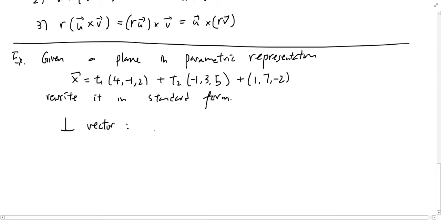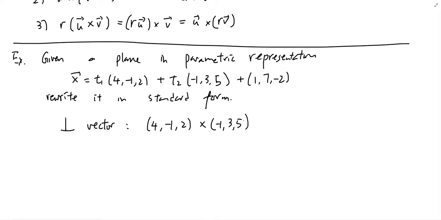And guess what? The perpendicular vector can now be formed by taking the cross product of the two direction vectors. So we'll repeat: when you're given a plane in parametric form, you can form the cross product of the two direction vectors, and that gives you the perpendicular vector you need for your plane.